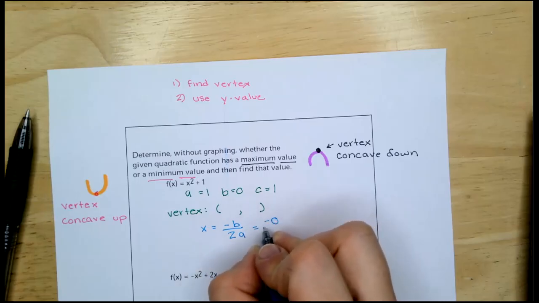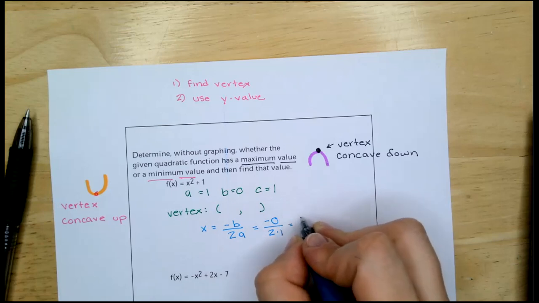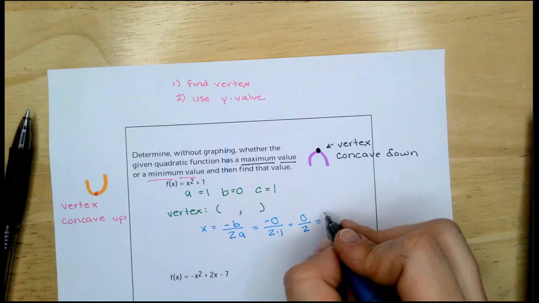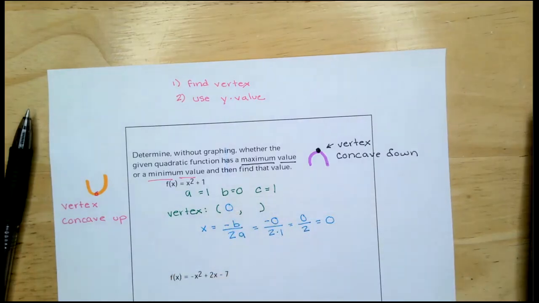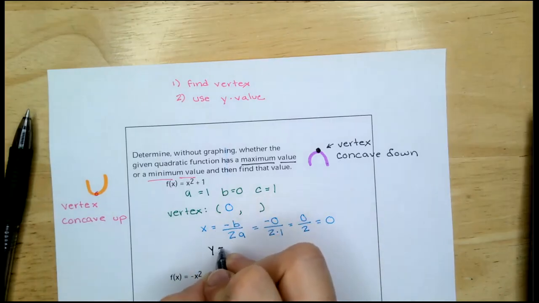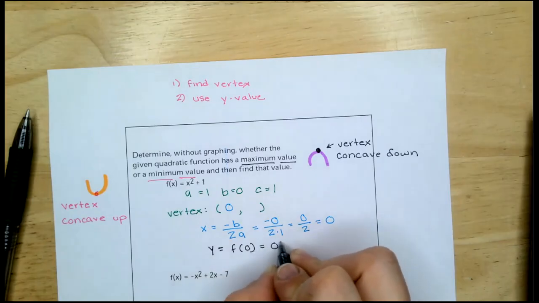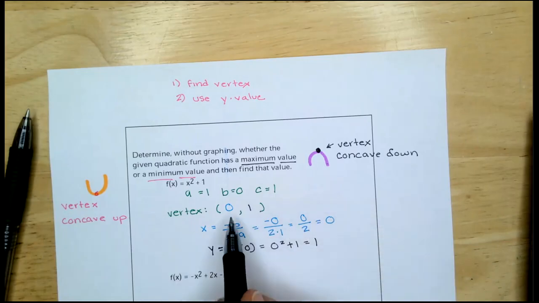Negative b is a negative 0 over 2 times 1. Negative 0 is just 0 over 2. 0 divided by 2 is still 0. So my x value is 0. My y value is f of 0, which means I have 0 squared plus 1, which is 1. So my vertex is 0, 1.